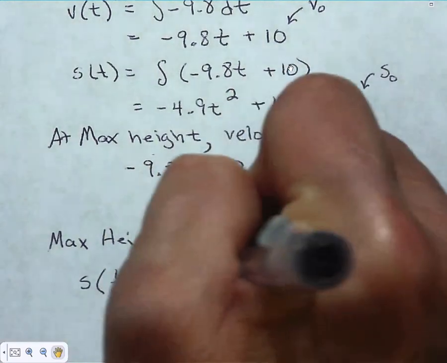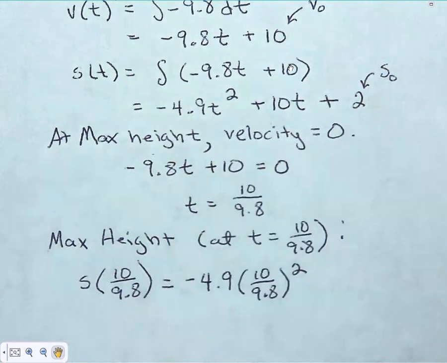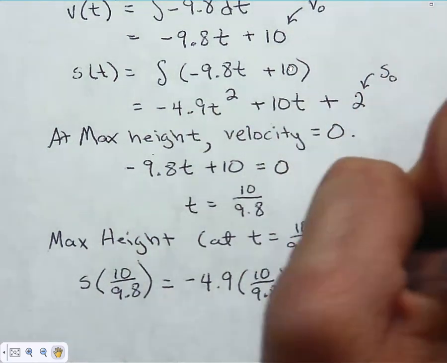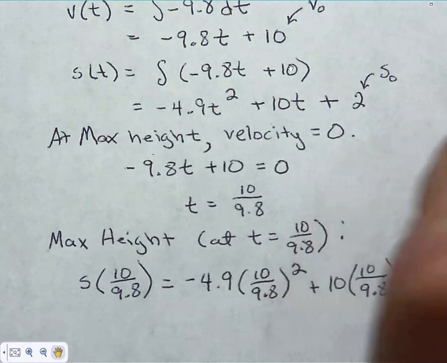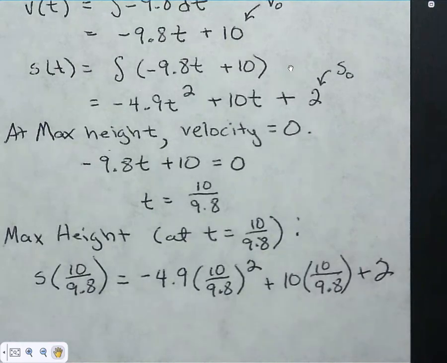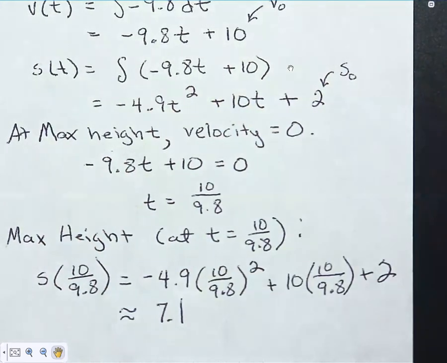Negative 4.9 times 10 over 9.8 squared plus 10 times 10 over 9.8 plus 2. Put that time in place of both of those t's in the position function. Somebody double check me on that, but I got the max height is approximately 7.1. Anybody second that?